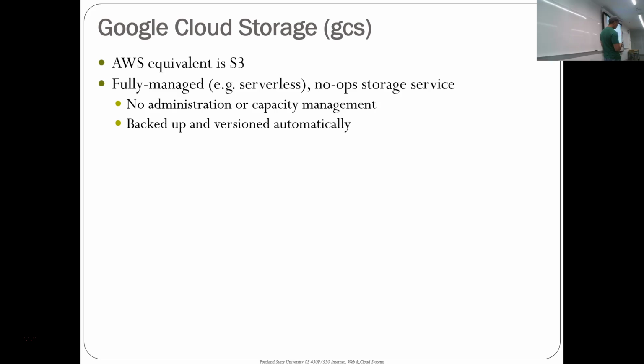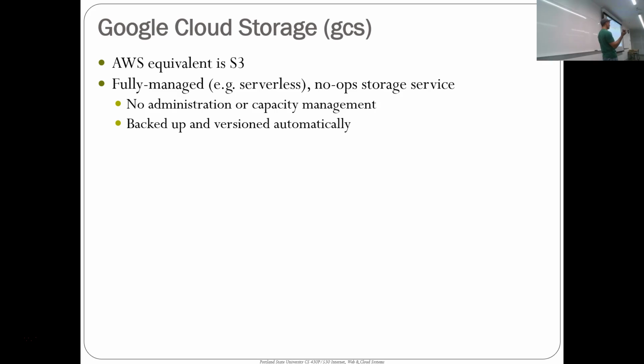This is a fully managed, no-ops storage service. So it's serverless. You don't have to go to a particular server to get your data. You just give it a URI, and that URI doesn't specify a server like an HTTP URL does. The URL of a website is actually pointing at a server. The URI for Google Cloud Storage is just a name.